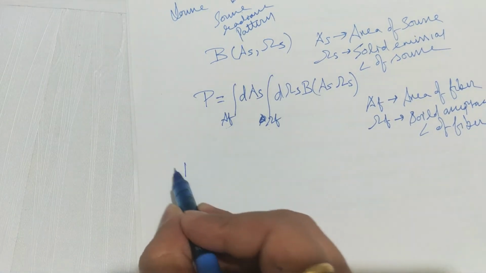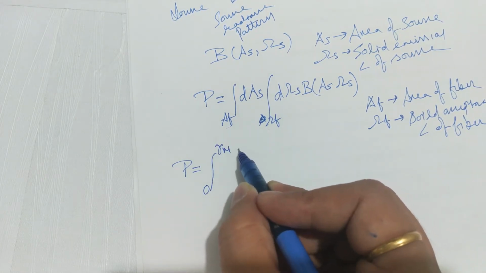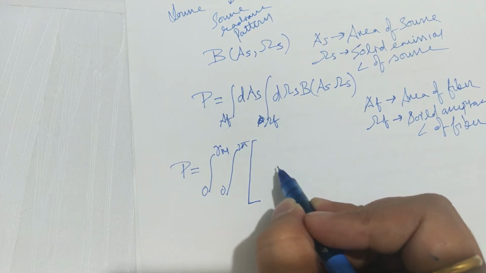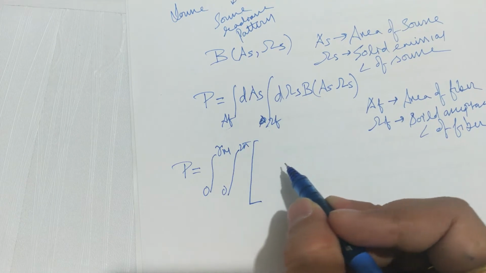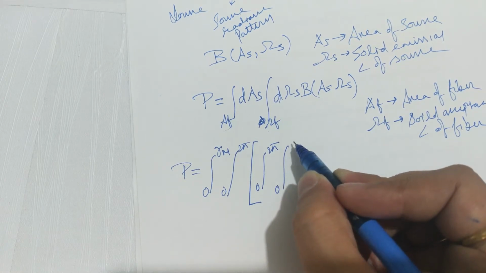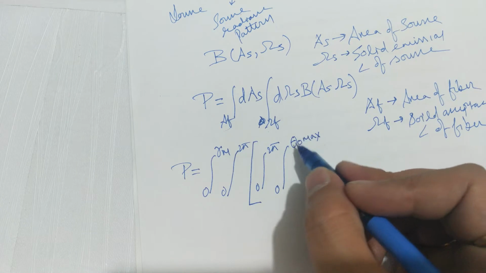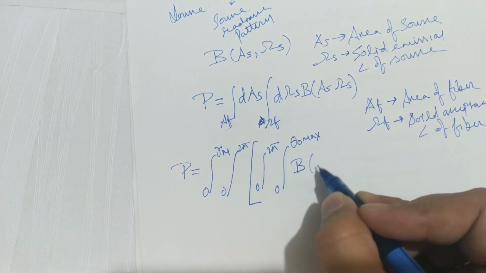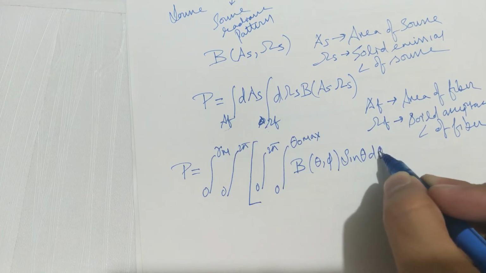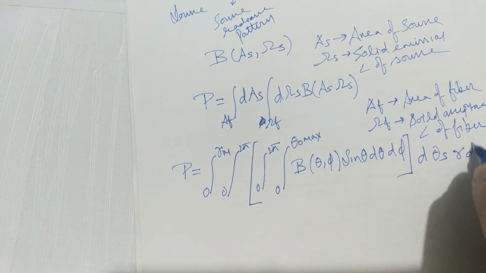So we will rewrite this equation of power P, with limits 0 to R_m and 0 to 2 pi for the area of the fiber, and then 0 to 2 pi and 0 to theta_0 max, the maximum acceptance angle of the fiber, with B(theta, phi) sin theta d theta d phi, and dA is r dr d phi.